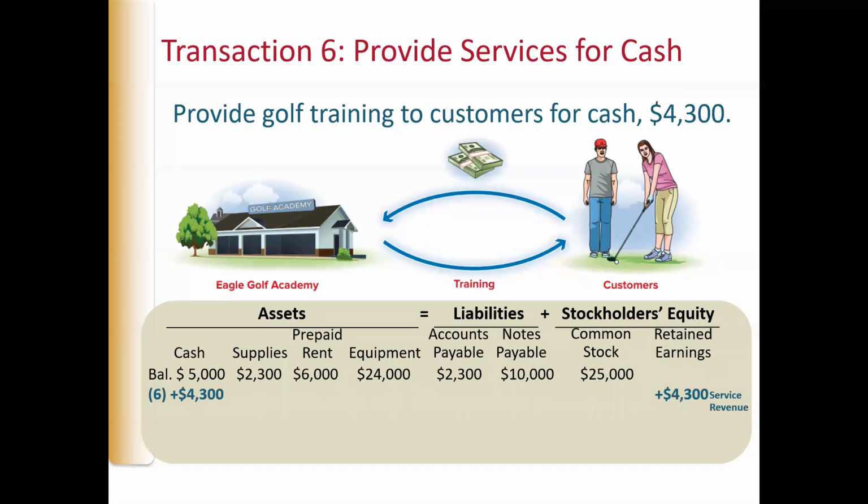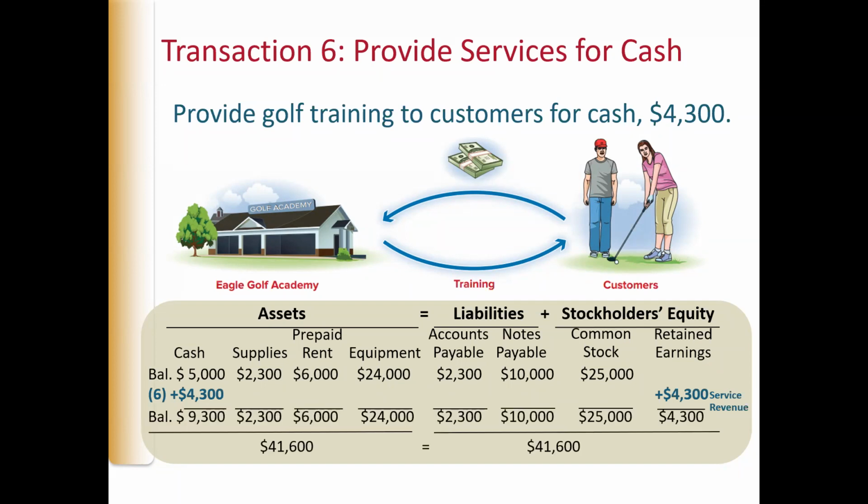When we perform this service, we receive revenue. Revenue increases, and we know revenue adds to retained earnings. But guys, do we still balance? Yes. Our assets of 41,600 still equal our liabilities plus our stockholders' equity.